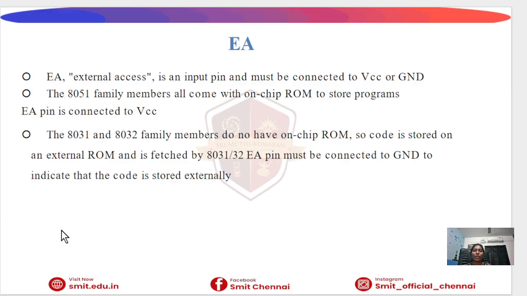So in the 8051 and 8052, EA is connected to VCC, and in the 8031 and 8032, EA is connected to the ground. Okay, this is a very important point. The 8051 and 8052 are connected to the supply VCC, and the 8031 and 8032 are connected to the ground.